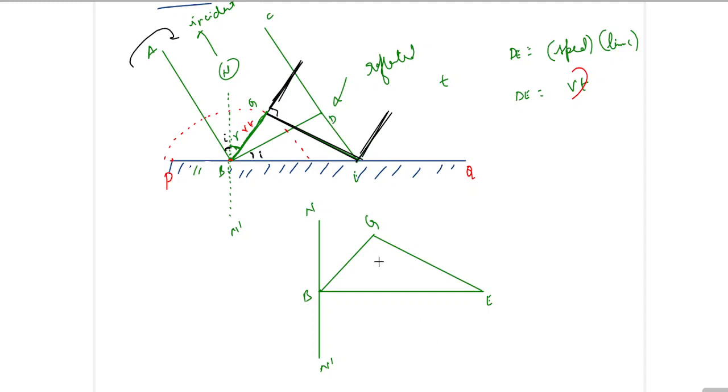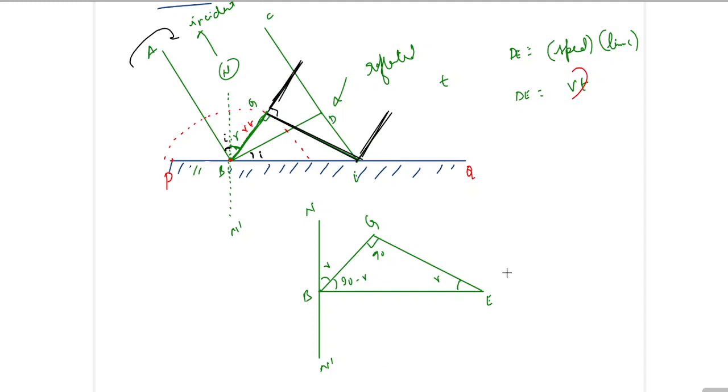We are looking at BG. Here it is 90 degrees because it's a normal drawn here. This angle is R. This becomes 90 minus R because N dash is normal. So the normal makes an angle of 90 with the mirror, which is BE. This is 90. This becomes R. So this is one triangle.